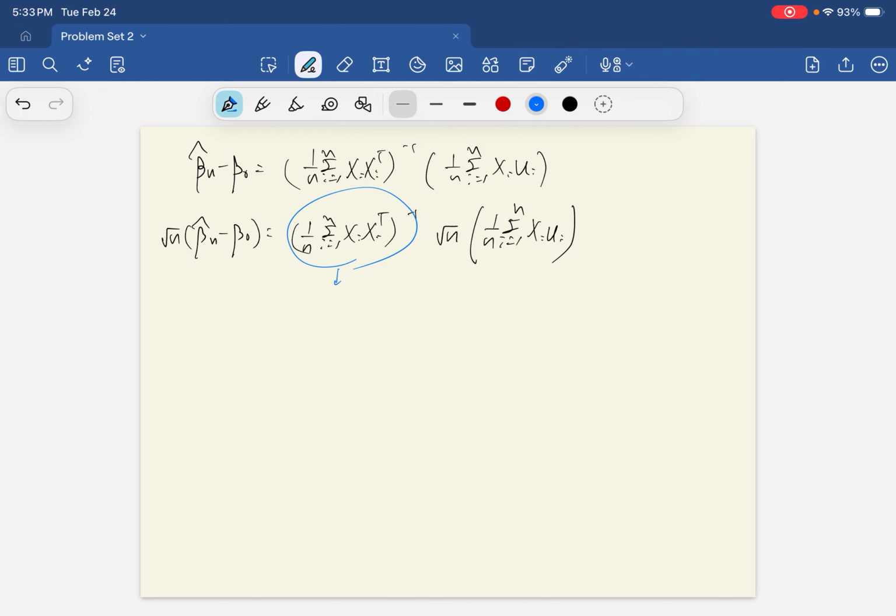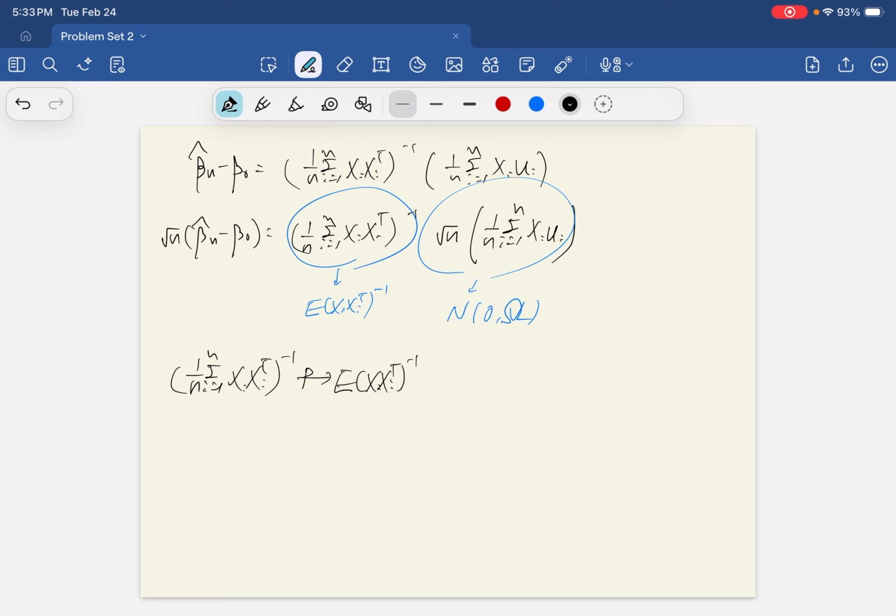We know this converges to this, and we know this converges to a normal distribution, say with variance omega, right? So let me give you a little more detail than I did in class. Here, inverse. We proved that this inverse converges to Σ_x transpose inverse, right?